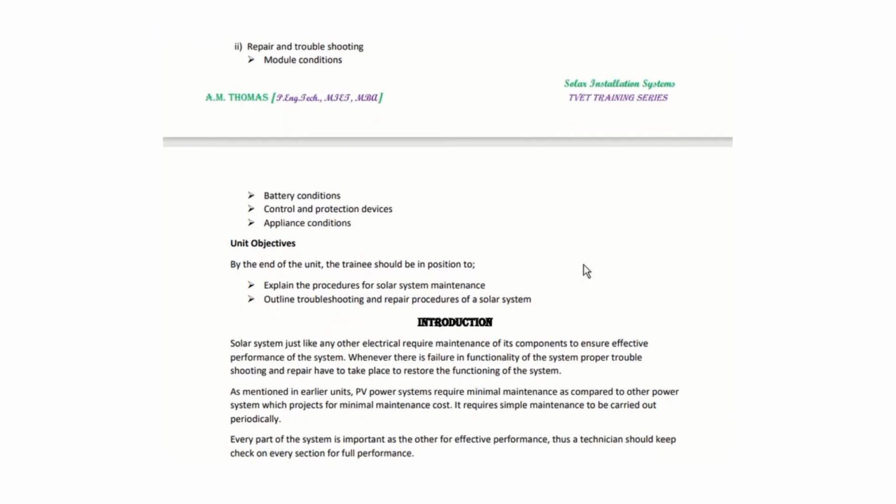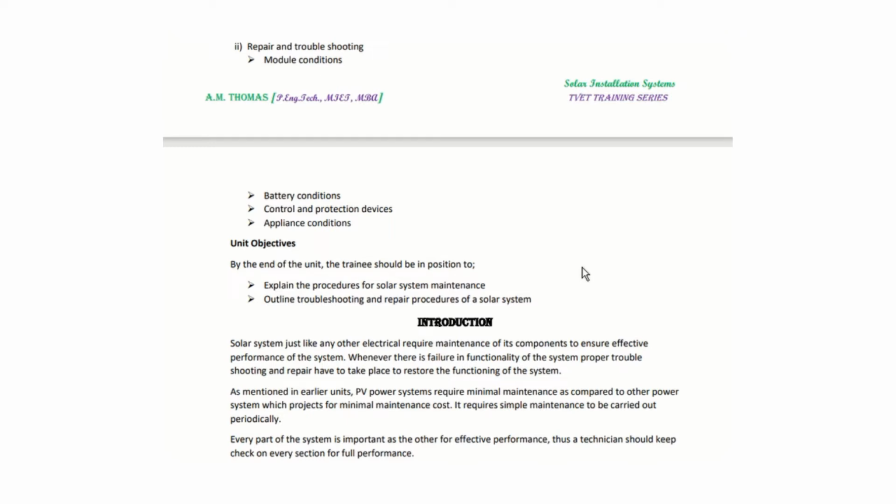And the objectives under this topic: we expect at the end of this unit, trainees should be in a position to explain the procedures of solar system maintenance, and outline troubleshooting and repair procedures of a solar system.